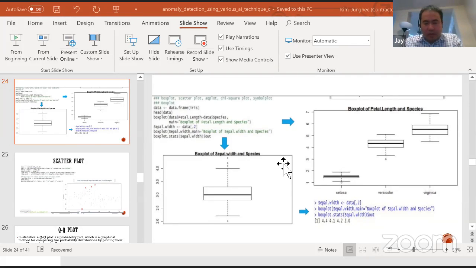So they can tell this is useless, or this can be something they can use for their business. So it's very important to talk with the business folks, so we communicate, and they can give feedback. Also, if you find some good anomalies, they can use them in their business.